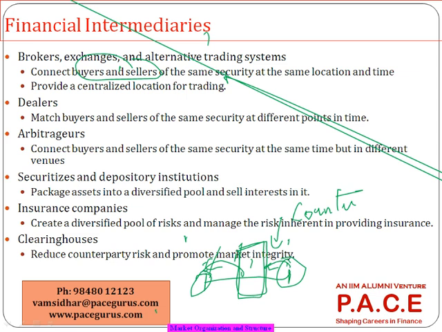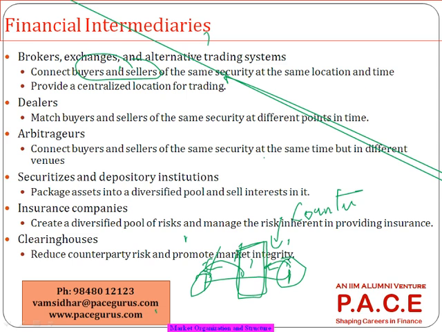For a buyer, the exchange is the seller. For a seller, the exchange is the buyer. So it takes the shares from the seller into its own account, and it takes the money from the buyer and puts it into its own account. Then it takes the shares from its account and transfers them into the account of the buyer.